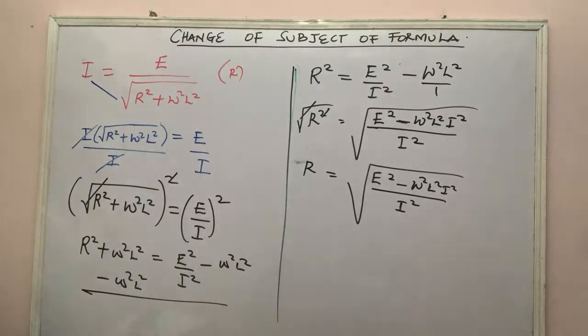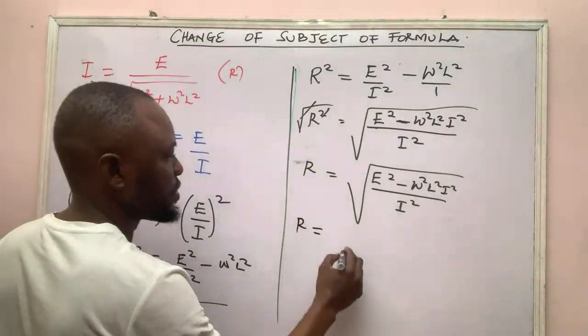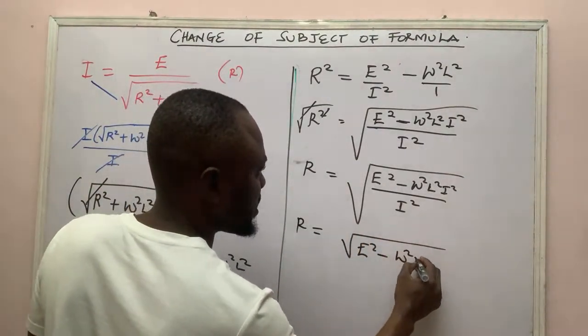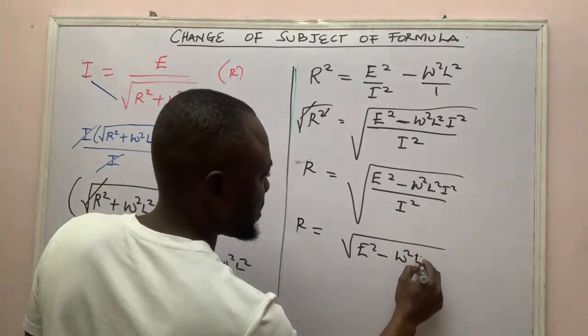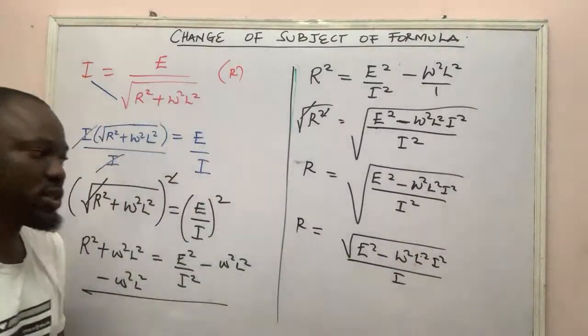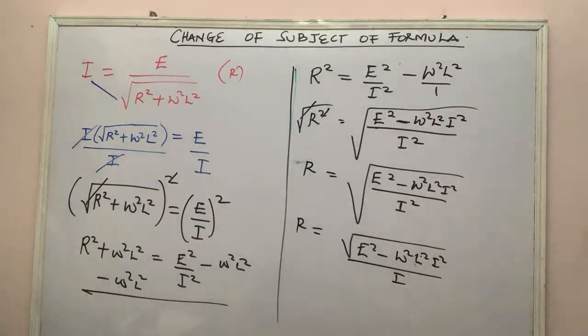You can try to find the square root of E squared, and of each of them. So for this, you can have r equals E squared minus W squared L squared I squared over I. The square root of the denominator will just give you I. All right.